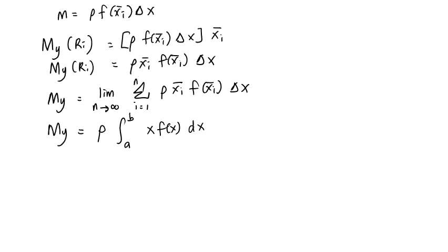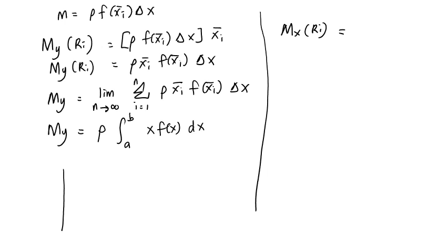Similarly, we can do the same to find the moment about the x-axis. So Mx for the region Ri is the mass times the distance from the x-axis, i.e. the distance given by half of f(x). Remember for the region Ri, this is your xi bar, the center of the rectangle, and the height is given by half. So until here is f(xi), but until this point only is half of f(xi bar).